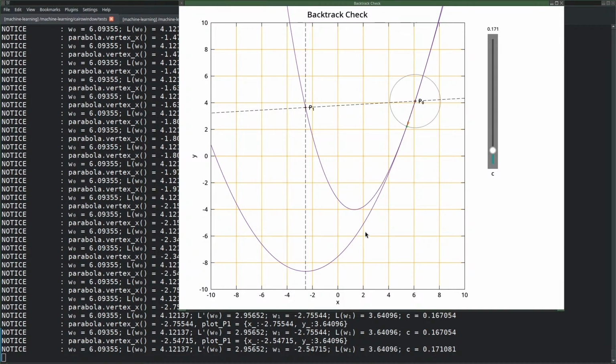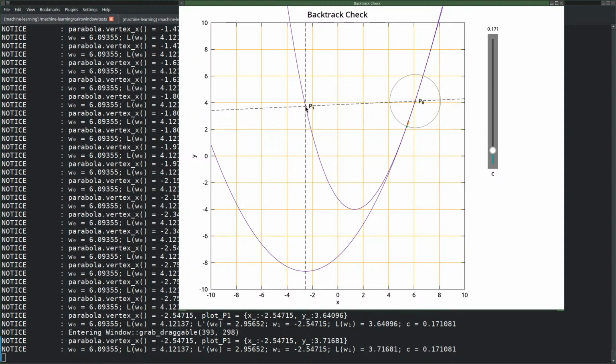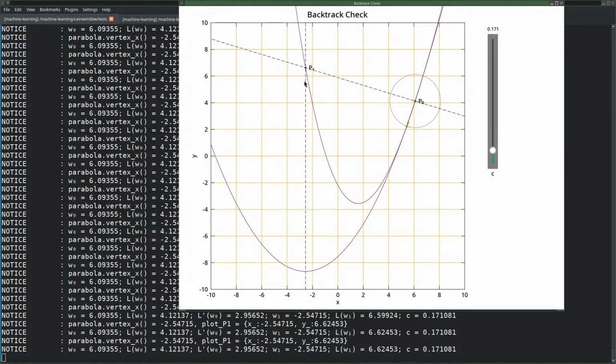But that oversteps the actual vertex with a factor of 2. Because the new P1 was actually higher than the P0 even, like this. And then I want to know, is there a minimum here? Well, clearly there's a minimum, and the reason is that P1 is above the Y value of the vertex.